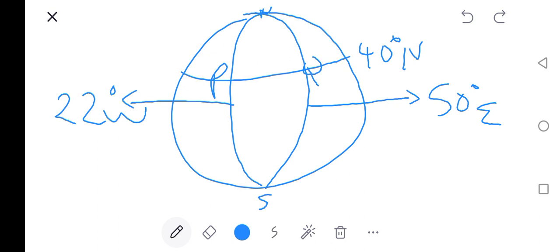So there is the word angle difference. What has happened?